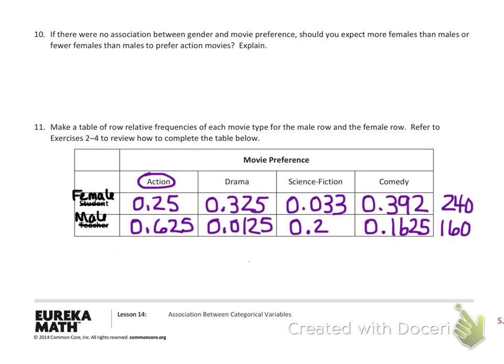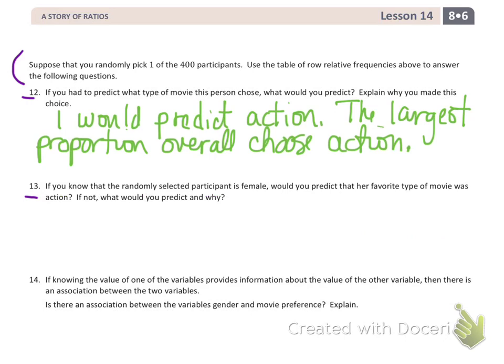Well, if I know that that person is female, I'm going to look here on my relative frequencies and say that 39.2% of the time, the females chose comedy over the other genres. So if I know they're female, then that's where I'm going, is to predict comedy.